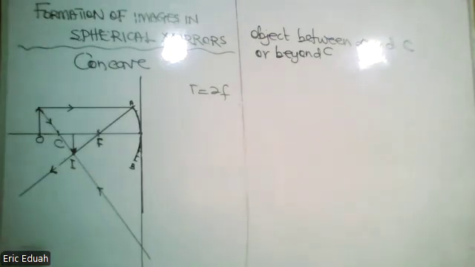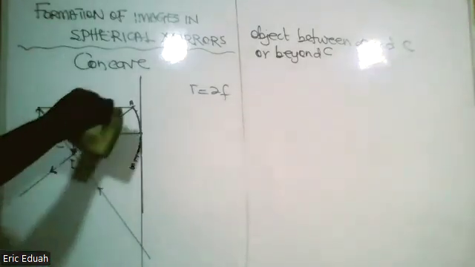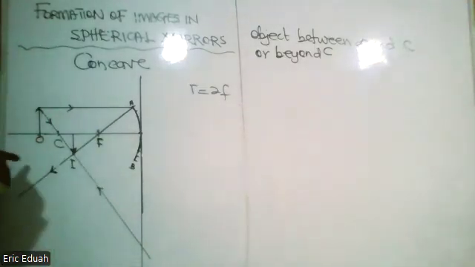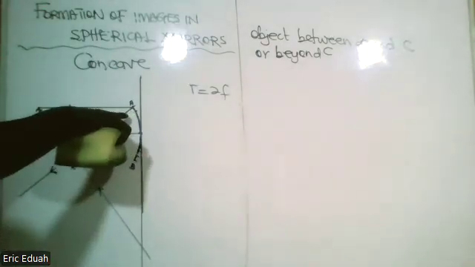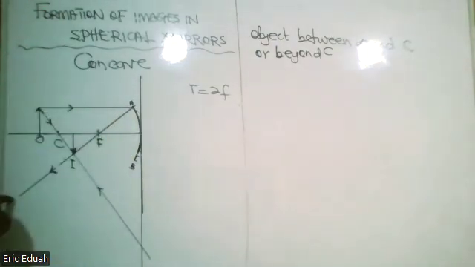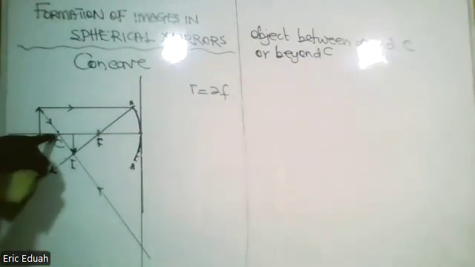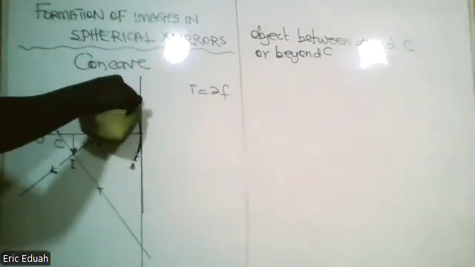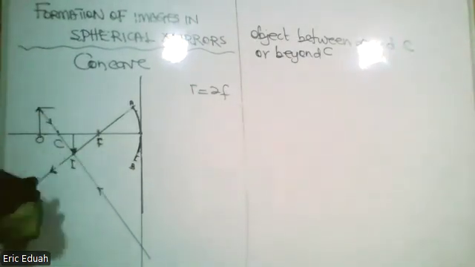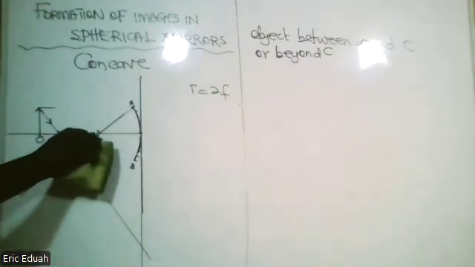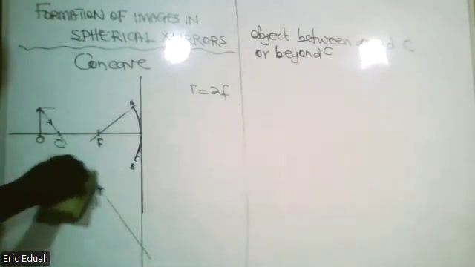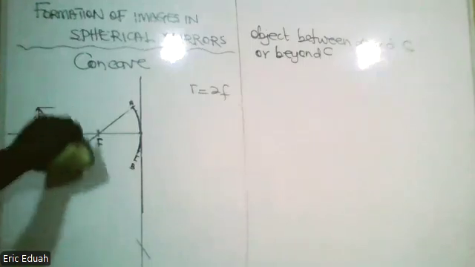But I want to change the rule. Here we use a ray of light parallel to the principal axis, which after reflection passes through F, and a ray of light hitting the pole at 90 passes through C. I want to change the rule to see the nature of the image we'll have, so that we will not be repeating only two rules.